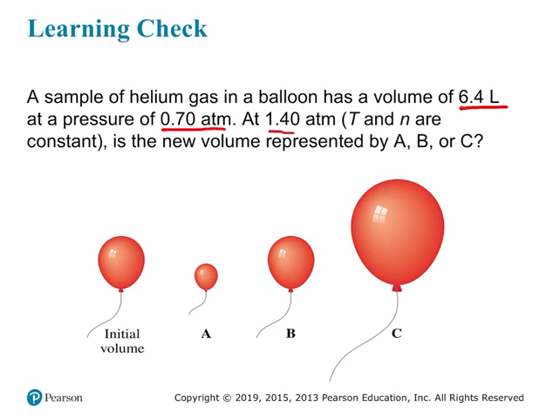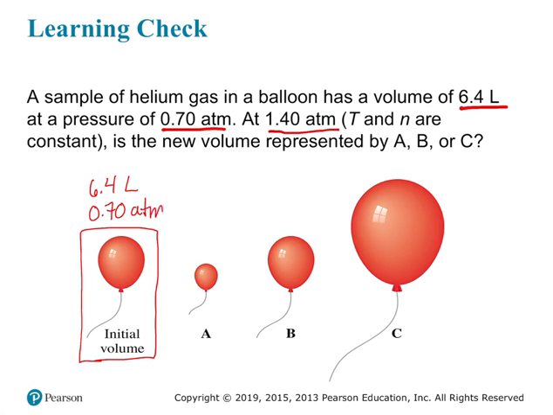Now at 1.4 atmospheres, is the new volume represented by A, B, or C? Okay, so we've got our initial balloon here with the initial volume of 6.4 liters, and the pressure is 0.7 atmospheres. Now, it looks like we're doubling the pressure.